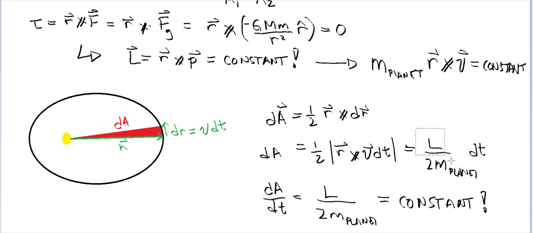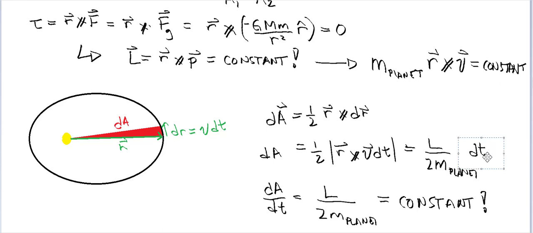then I get L over m planet, and then I need to account for this half, and so that's where the 2 came from. And then I also have this dt just floating out there, right? And so what we get is that dA is equal to L divided by 2m planet times dt.